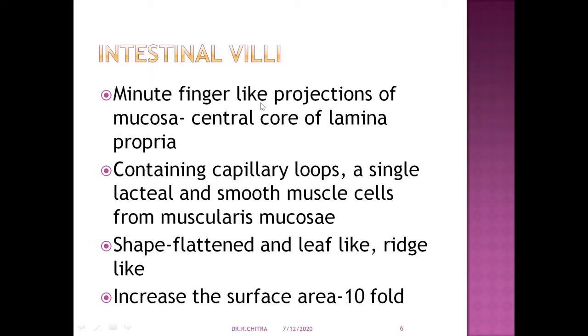So it will contain all three layers of the mucosa: the epithelium, lamina propria, and muscularis mucosae. The shape of the villi varies in the parts of the small intestine: flattened and leaf-like, ridge-like, and tongue-like. Many shapes of the villi we can observe. What is the purpose of these intestinal villi? They increase the surface area by tenfold.